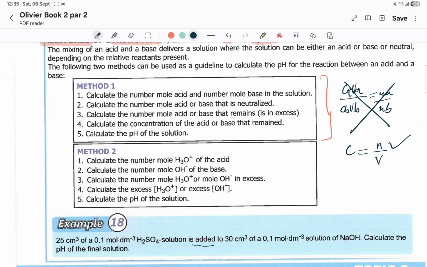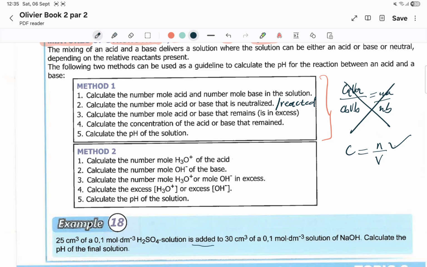So this method should be a general guideline to calculate the pH. Step 2: calculate the number of moles of acid or base that is neutralized. Here, the one which is neutralized should be the same as the one which is reacted.